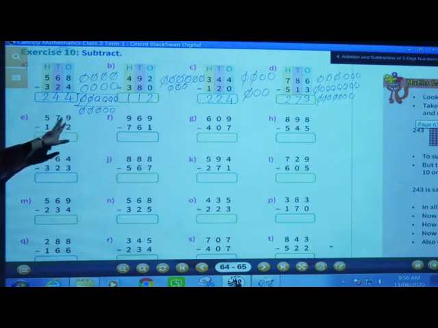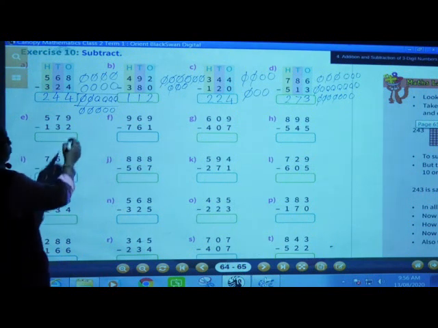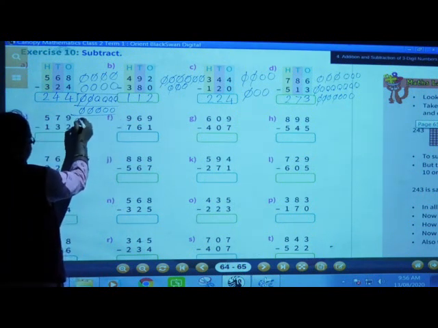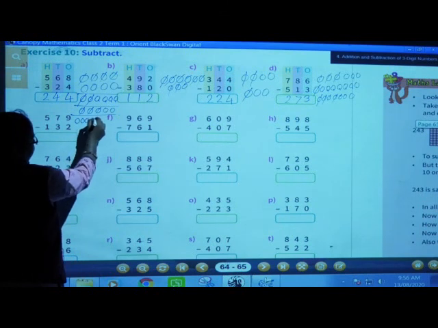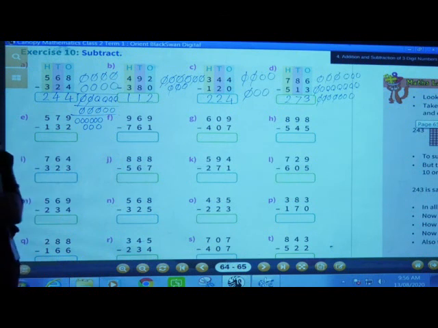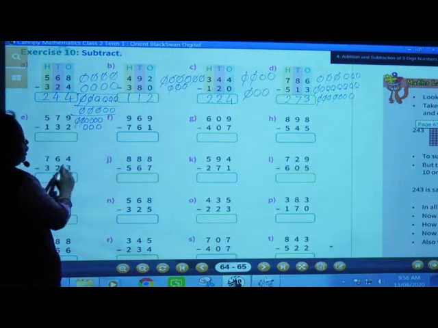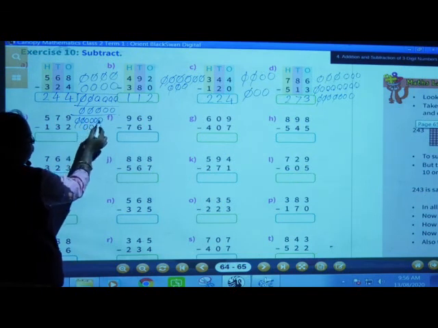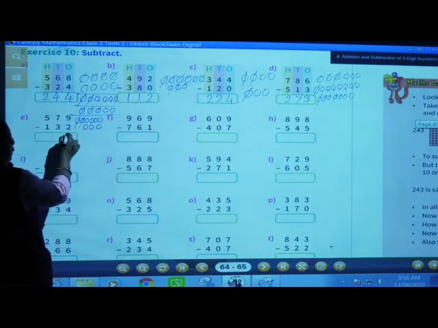So then 9 minus 2. 1, 2, 3, 4, 5, 6, 7, 8, 9. Now from 9 you want to cut 2. 1, 2. So how many remain? 1, 2, 3, 4, 5, 6, 7. 7.